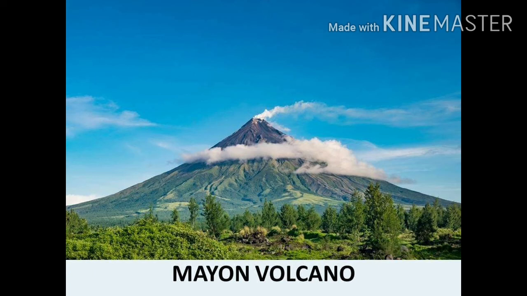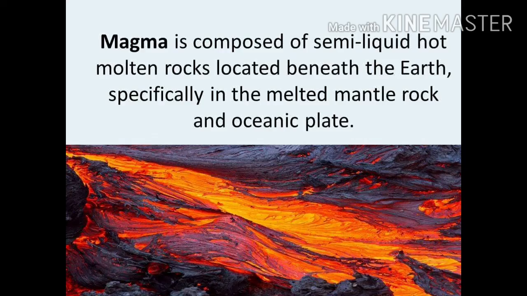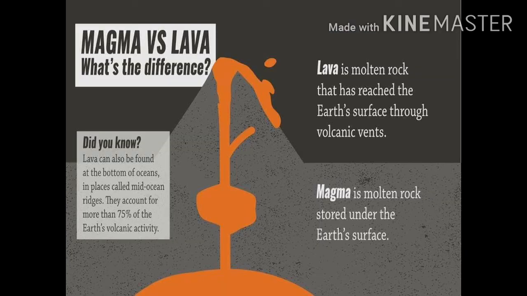Maybe you are wondering how the magma gets inside this volcano. When we say magma, it is composed of semi-liquid hot, molten rocks located beneath the earth, specifically in the melted mantle rock and oceanic plate. And what about lava? Lava is the molten rock that has reached the earth's surface through volcanic vents.